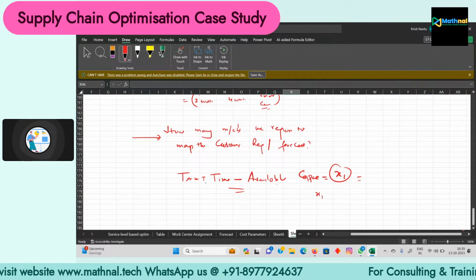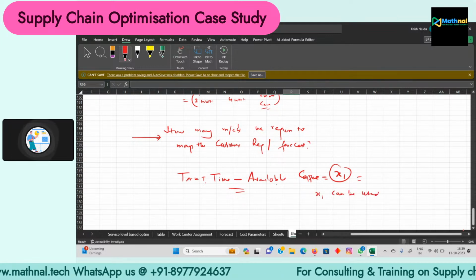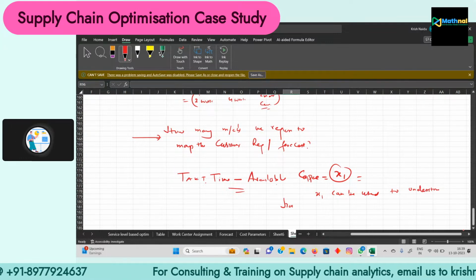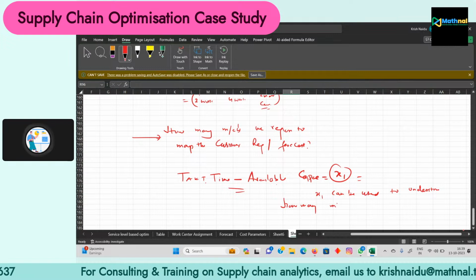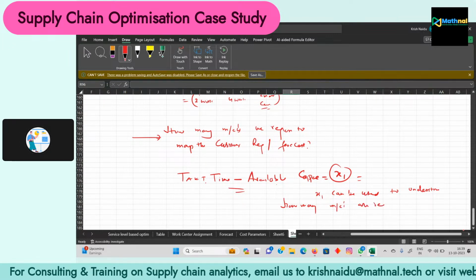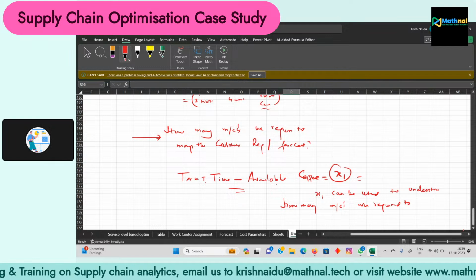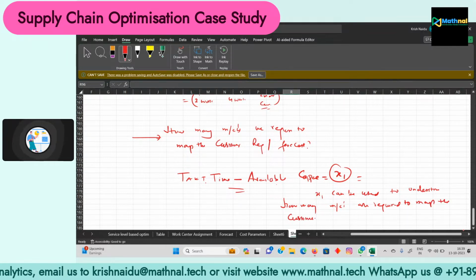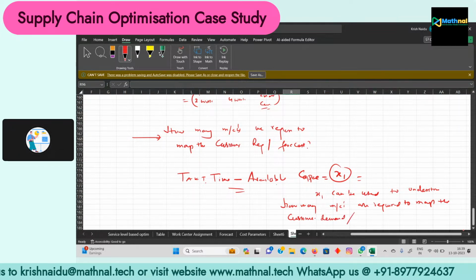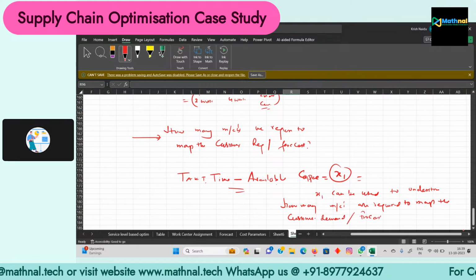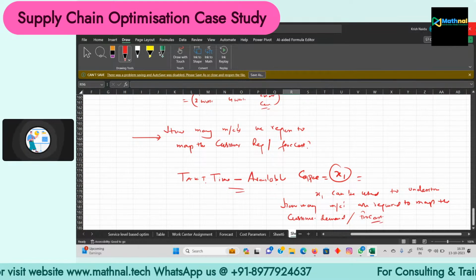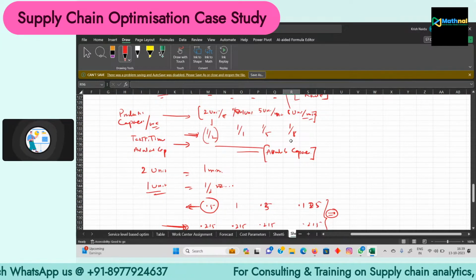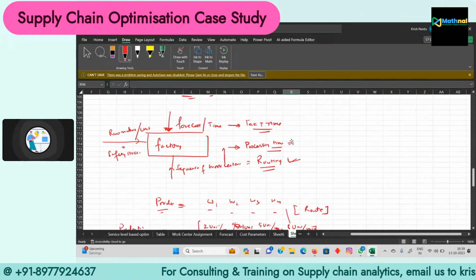This X1 can be used to understand how many machines are required to map the customer demand so that we are not falling short of the requirement. So this is another metric which we need to think about. Takt time is a very important metric and work centers are very, very important, right?